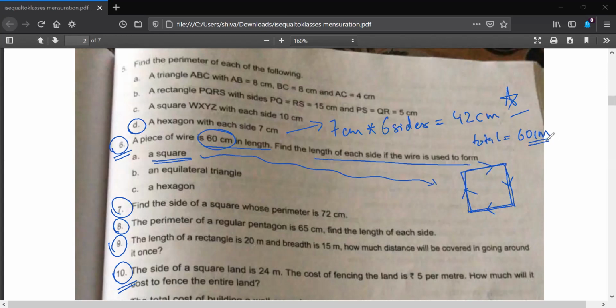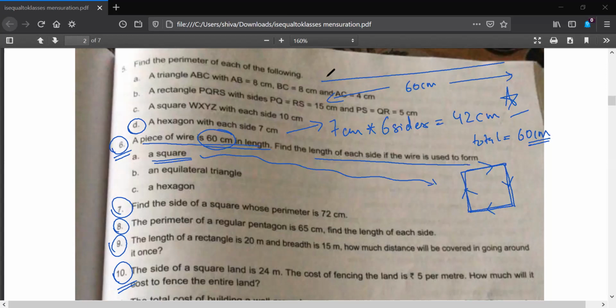Mr. Sarthak, is it correct? So how? No. A piece of wire 60 centimeter in length. So this is the piece of wire which is 60 centimeter in length. Now find the length of each side if the wire is used to form a square.